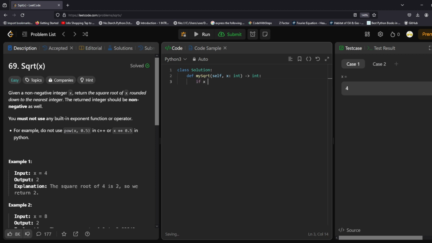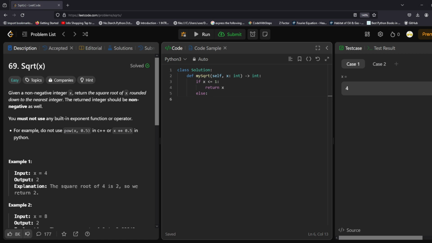So if x is less than or equal to 1, we don't have to factor in negative numbers, so they're just positive numbers, the number will either be 0 or 1. So we can just return x for that value. Then our else scenario will be the case in which x is greater than 1, so like x is 2, 3 upwards.